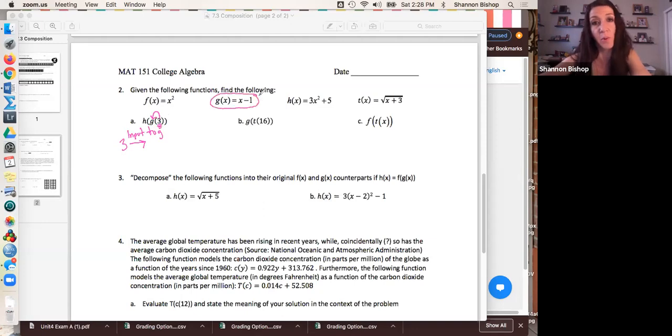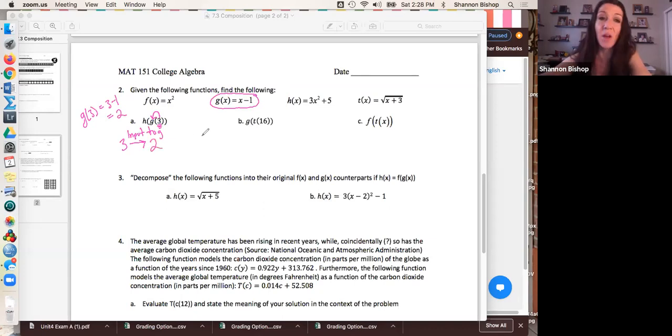So if I input 3 to that function, G of 3 is 3 minus 1, which is 2. So if I plug 3 into G, I get 2. That's my answer. Done.